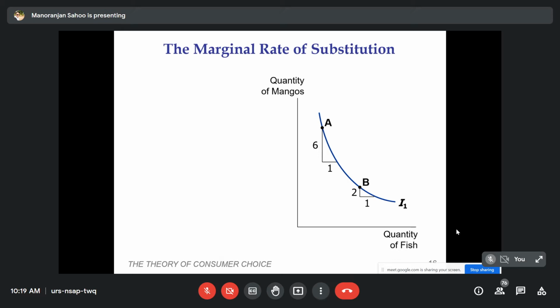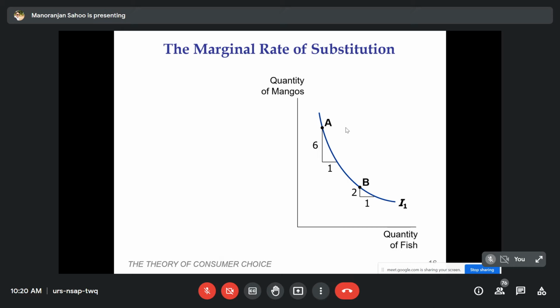The lower the stock of something, the higher the marginal utility; the higher the stock of something, the lower the marginal utility. So when you have a stock of more things, suppose you have more mangoes at combination A, then to have an additional mango, your marginal utility will increase by a smaller amount.